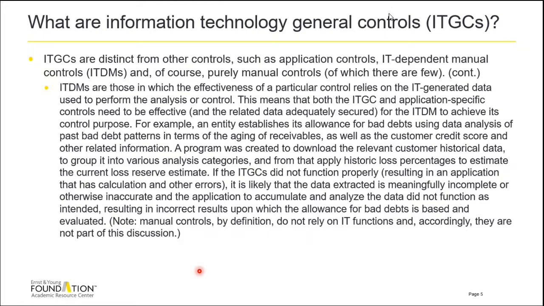So just a note that manual controls by definition do not rely on IT functions, and accordingly, they are not part of this discussion. So very important yung ITGC because especially programs and computers function in one way or process all the things in the same way as it is programmed.